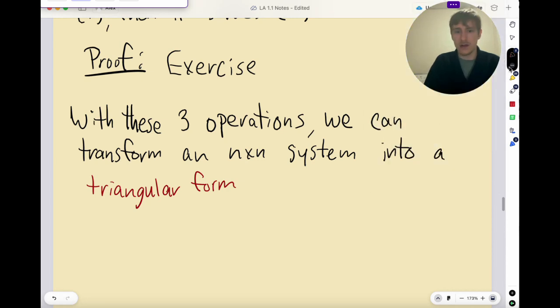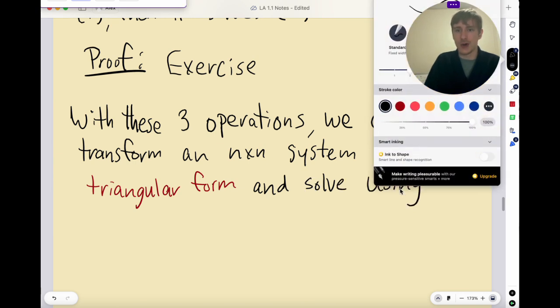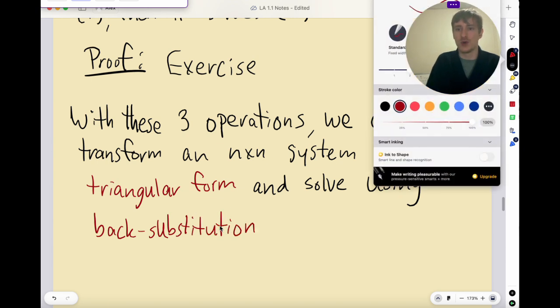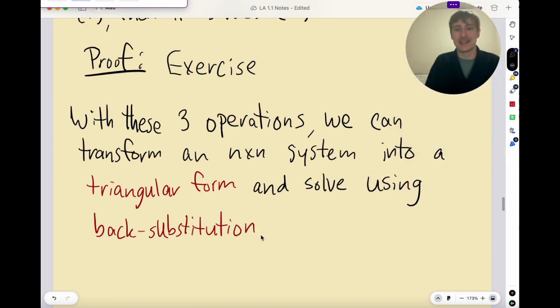And that triangular form can easily be solved using a method called back substitution. Both of which are new terms and both of which will be discussed in the next part of this video.